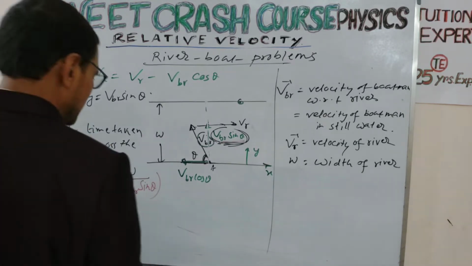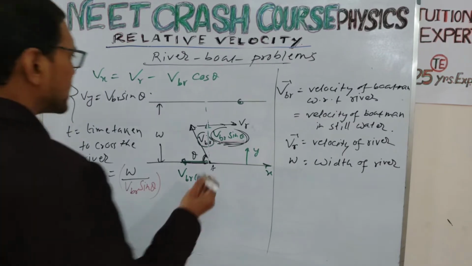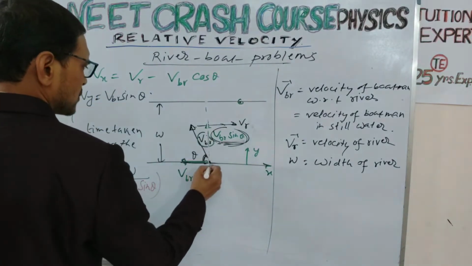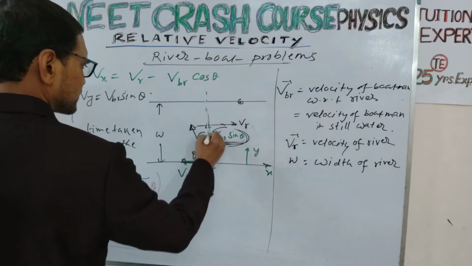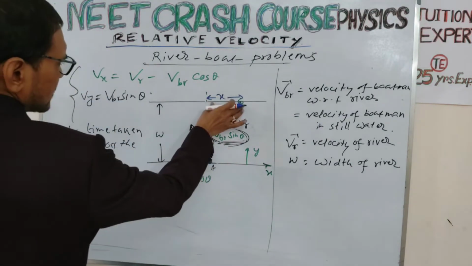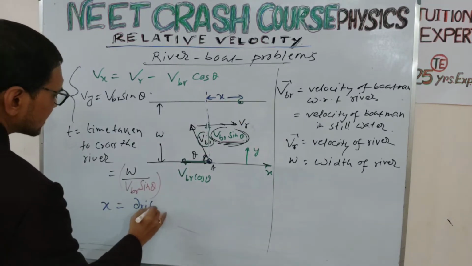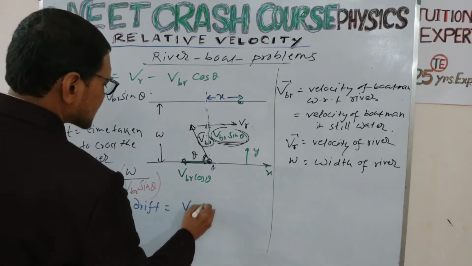And if the man reaches here, this x is called the drift. So x, the drift, is equal to the velocity along the x direction into the time taken.